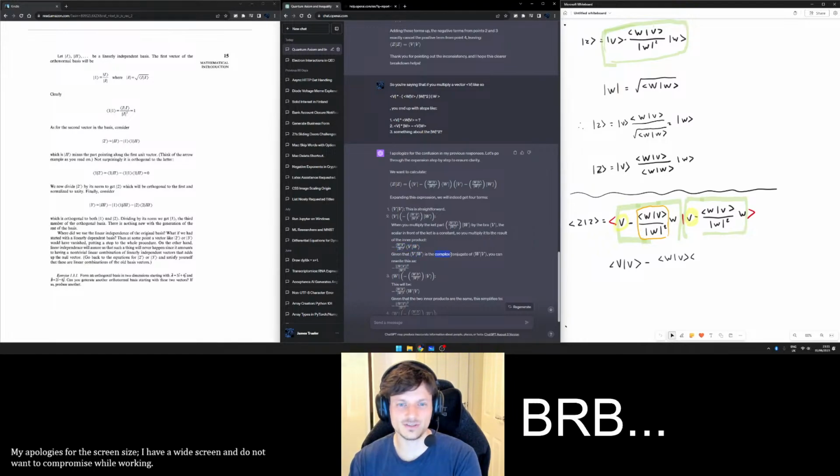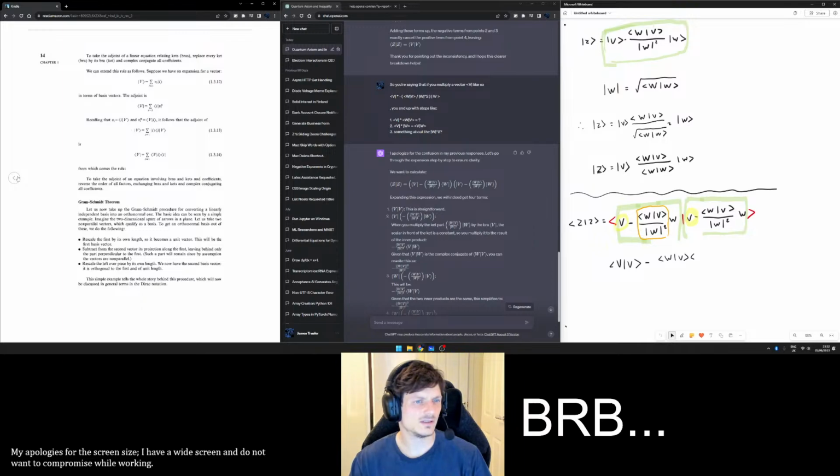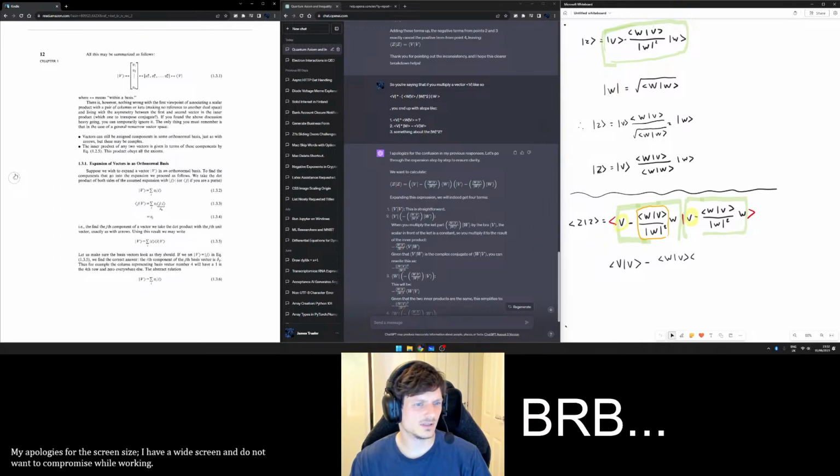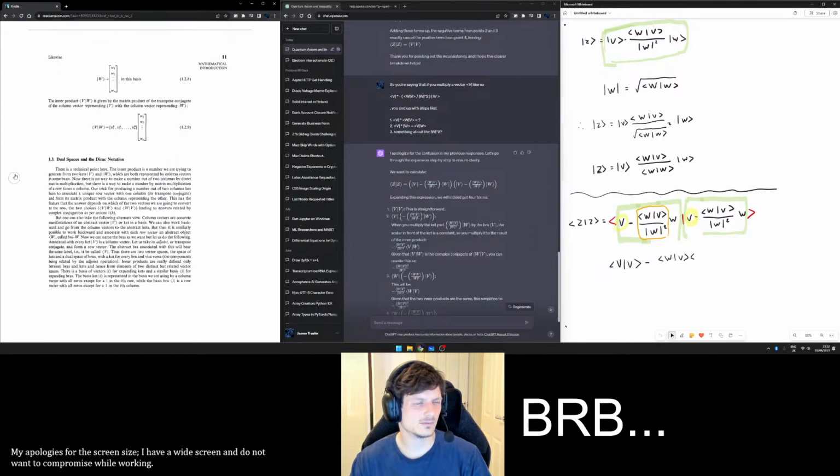Given VW is the complex conjugate of WV, you can rewrite this as the magnitude of WV squared. Really now, where did we learn that? I don't think we've come across that, to be honest.